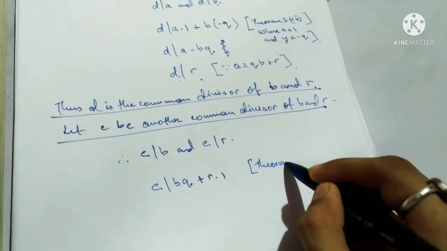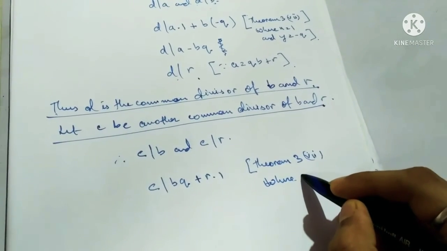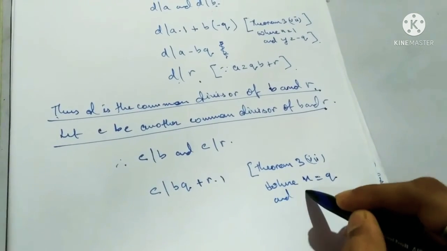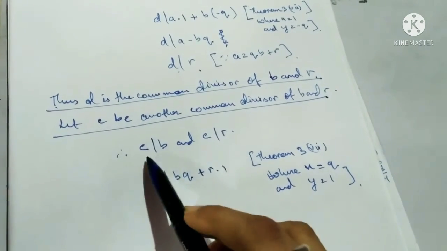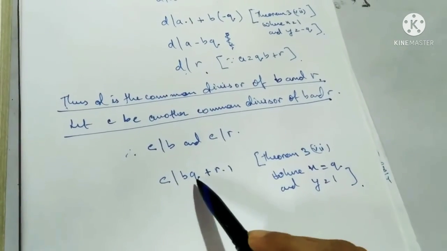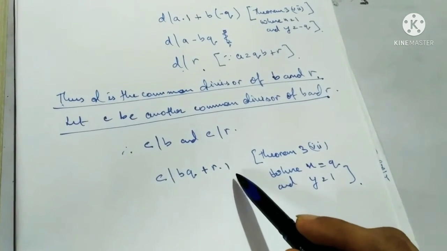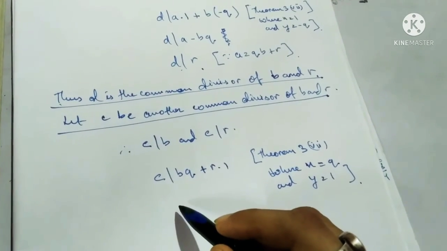This is again theorem 3, where x is equal to q and y is equal to 1. Finished. C divides B and C divides R, so therefore C divides BQ plus R into 1.